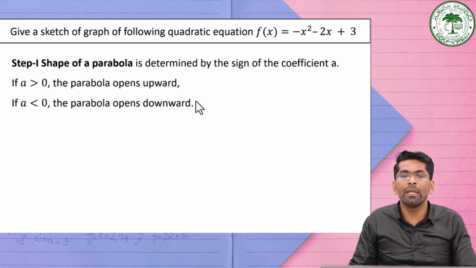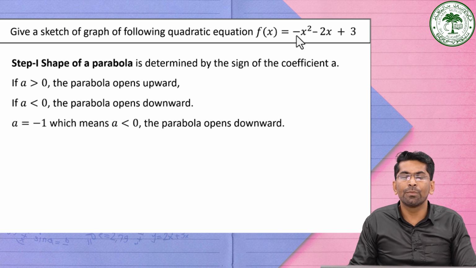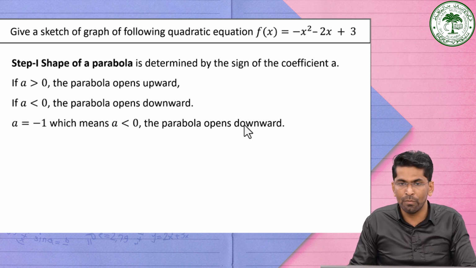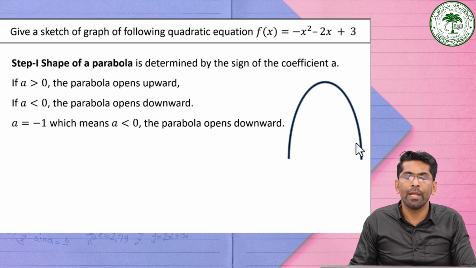In this case a is equal to minus 1, which means a is less than 0, so the parabola opens downward. It will look like this.